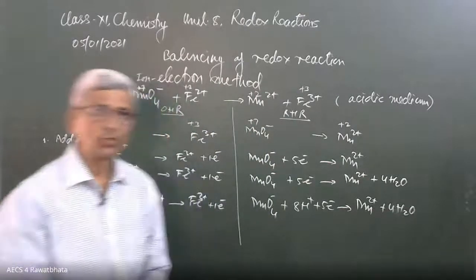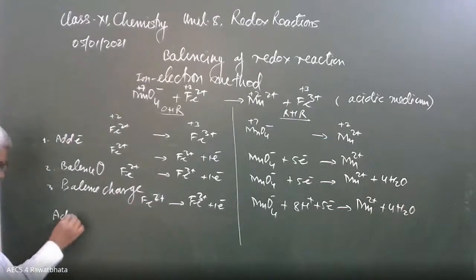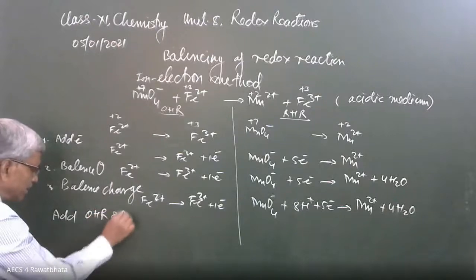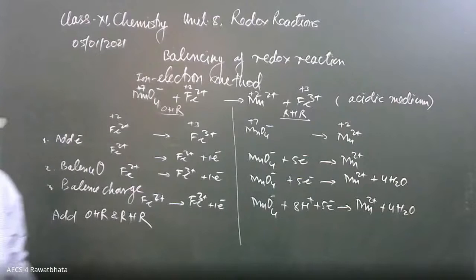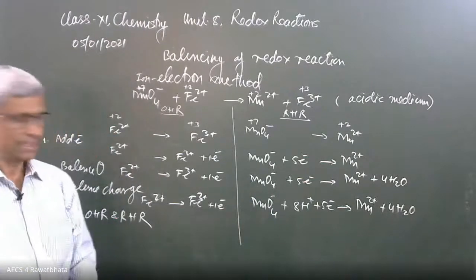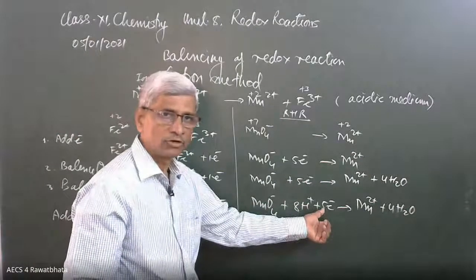Finally, we are going to add the oxidation half reaction and reduction half reaction. While adding, we have to take care that the electrons should be equal on both sides. Here 1 electron and here 5 electrons. It is not the same.